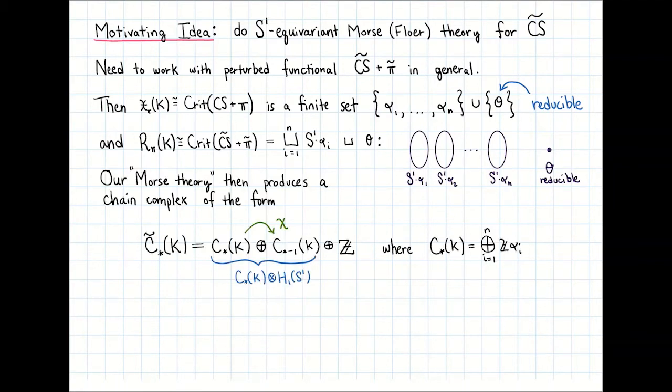If we can do Morse theory in this setting, or more precisely Morse Floer theory, our chain complex should look something like the following. Its underlying abelian group should be the homology of the space R of K after perturbation. So here the Z summand corresponds to the reducible critical point theta.